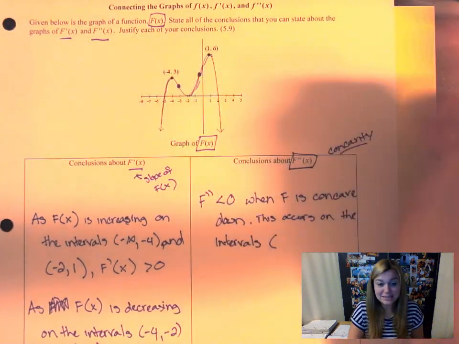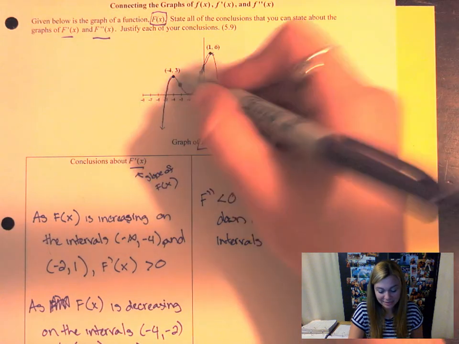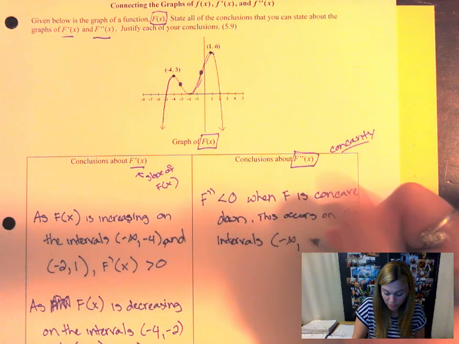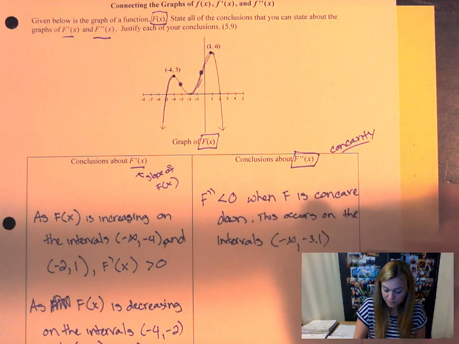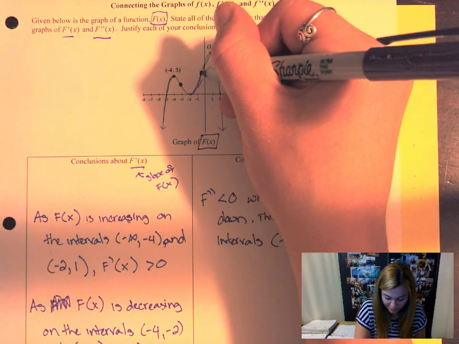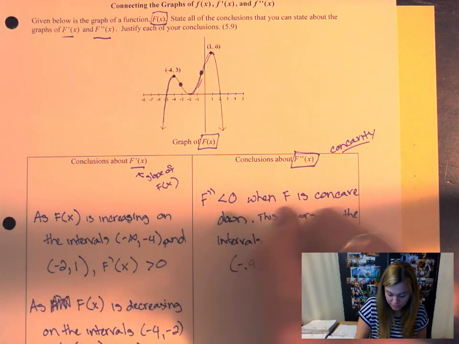I'm just saying this for right now. You would never have to do this on a test or quiz where you're just guessing these values, but I'm going to say negative infinity to negative 3.1. And I'm going to go over here. Concave down looks like around negative 0.9 to infinity.